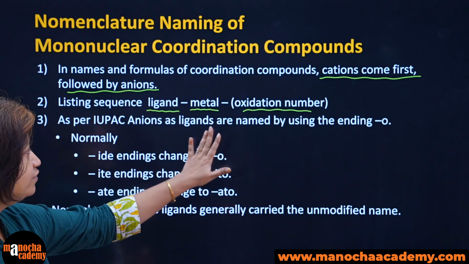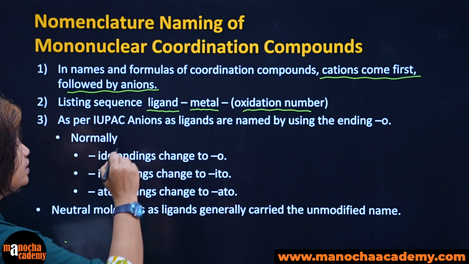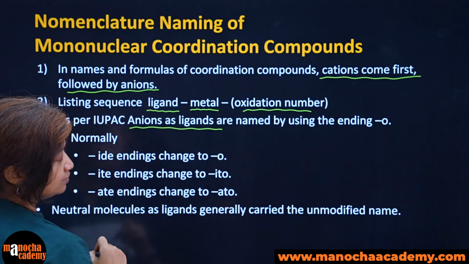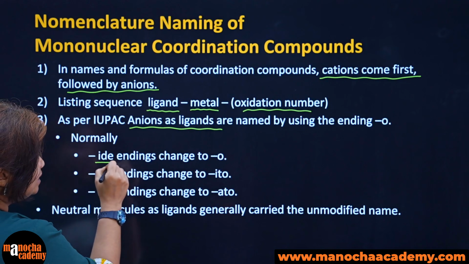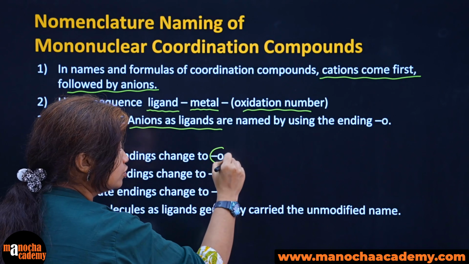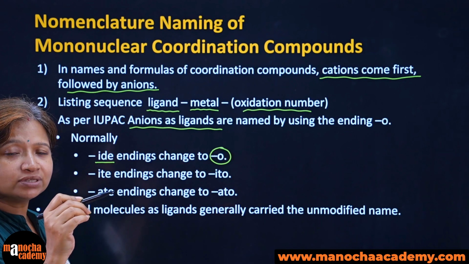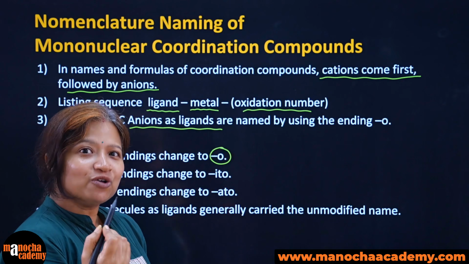Now, this part we have done. How do you name the ligands? See, how do you name the anionic ligands? Now if the anionic ligand ends with IDE, like chloride, we end with O. Chloride becomes chlorido, cyanide becomes cyanido, iodide becomes iodido, right?